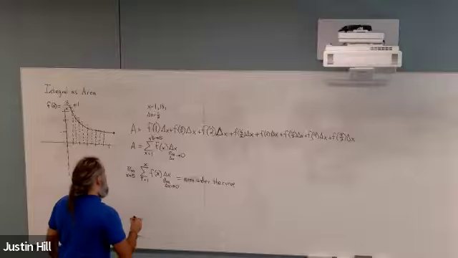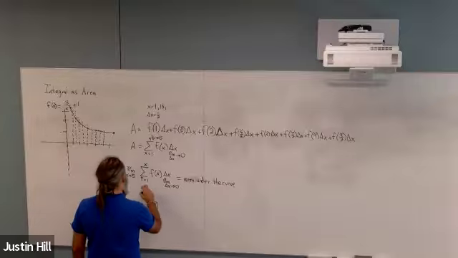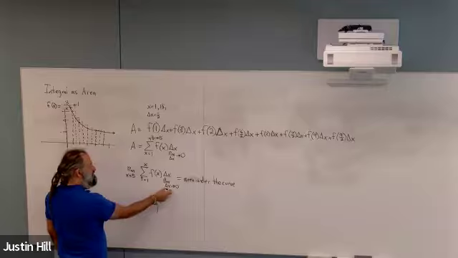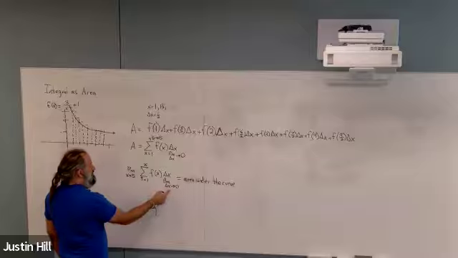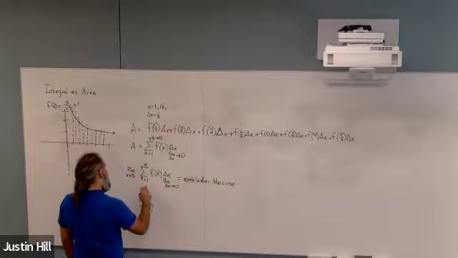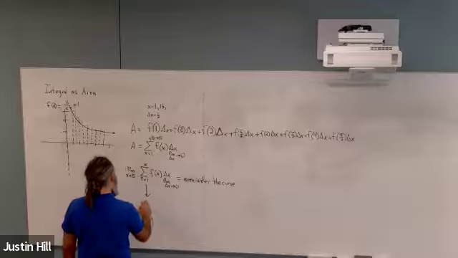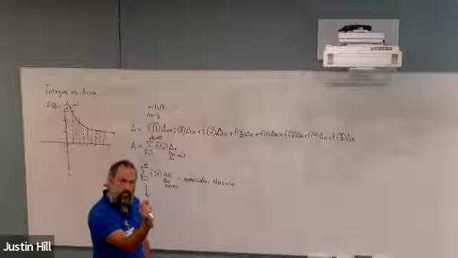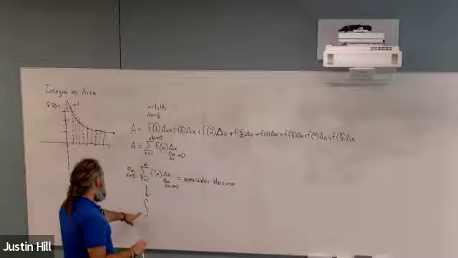A good way to look at this is that by taking the limit as delta x approaches 0, making the width of those rectangles get progressively smaller to 0, you transform this into an integral. So a sum of infinitely small rectangles is actually an integral.